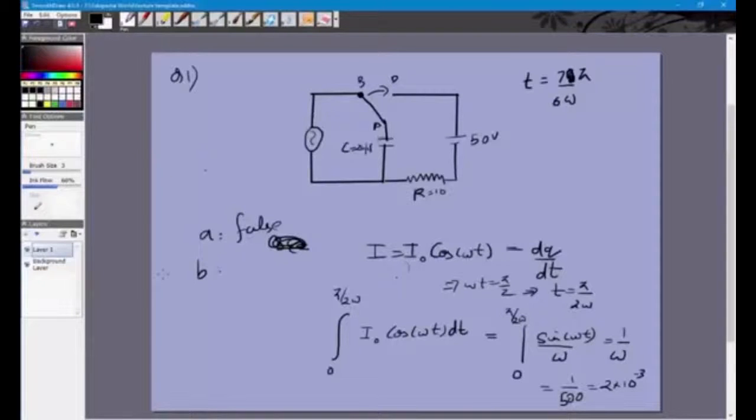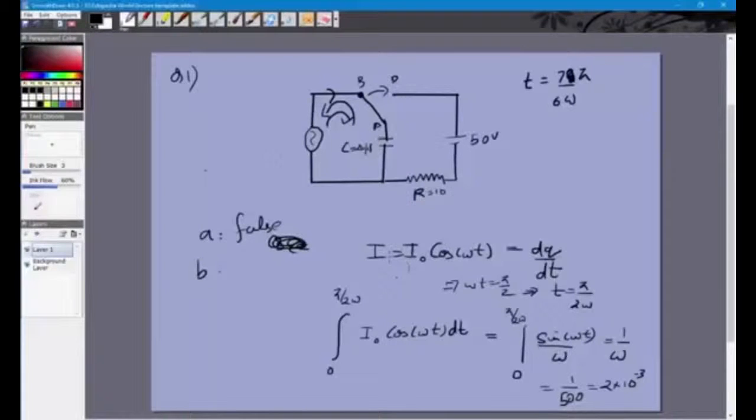The current in the left part just before t equal to 7 pi by 6 omega. The arrow is given in this direction, that means this is the positive current. So from 0 to pi by 2, this is the direction. After omega t is pi by 2, that is t is pi by 2 omega, the direction will reverse for another 2 pi by omega time.